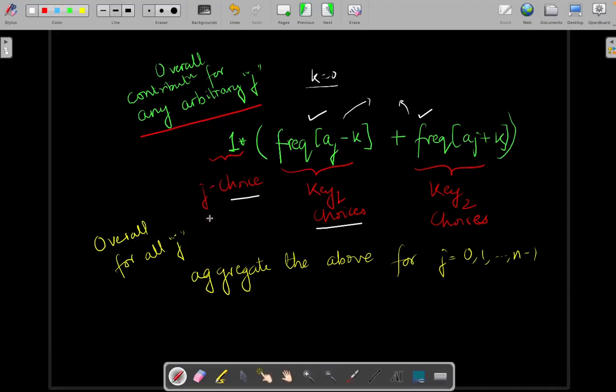And that's how this answer is for a fixed value of j. Now to get the answer for the overall question, we just need to aggregate this function for all the values of j, starting from 0 all the way till n minus 1.